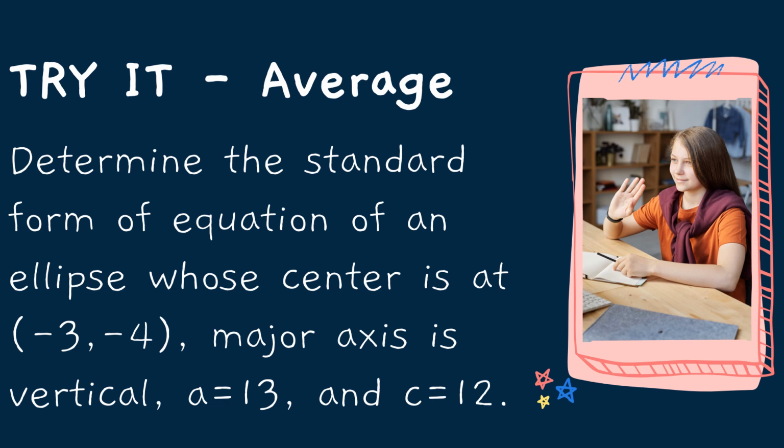In this example, we have a vertical major axis, meaning we have to use the second equation, and the value of b this time is missing. Okay? You can now pause for a while before we continue solving for our standard equation.